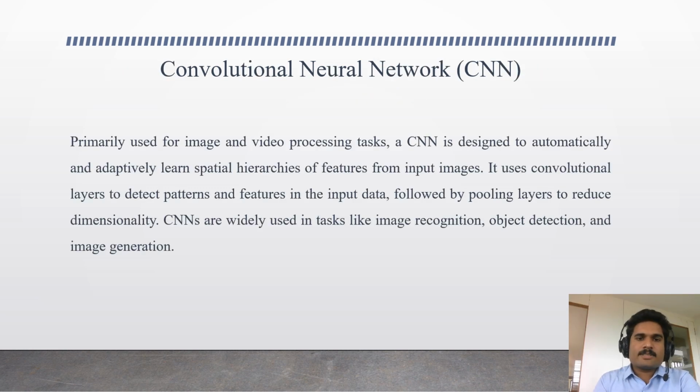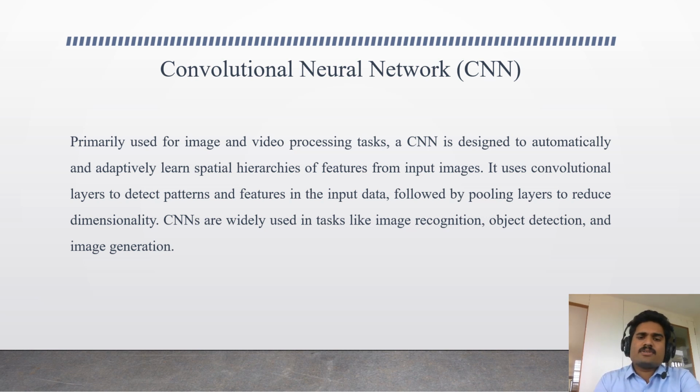The second one is the convolutional neural network, CNN. Be familiar with that. It is primarily used for video processing tasks and image recognition. CNN is designed to automatically and adaptively learn spatial hierarchies of features from input images. It uses convolutional layers to detect patterns and features in the input data, followed by pooling layers to reduce dimensionality.